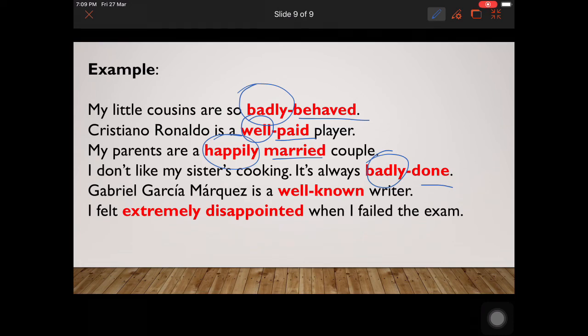Gabriel Garcia Marquez, one more time, is a well-known writer. Well is my adverb, and known is my adjective. What is the meaning of well-known? A well-known person is a person that everybody recognizes. Wherever this person goes, everybody knows who he is.